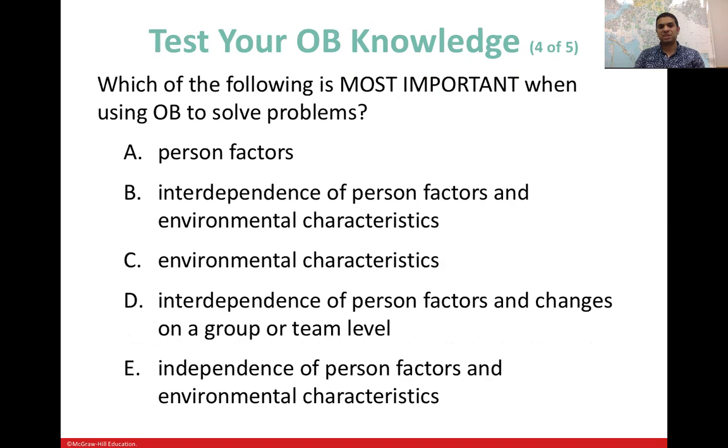Is it person factors? Is it environment? Is it interdependence of person factors and environmental characteristics? Is it interdependence of person factors and changes on a group or team level, or independence of person factors and environmental characteristics? Based on what we've just said in the previous slide, it should be B, interdependence of person factors and environmental characteristics.